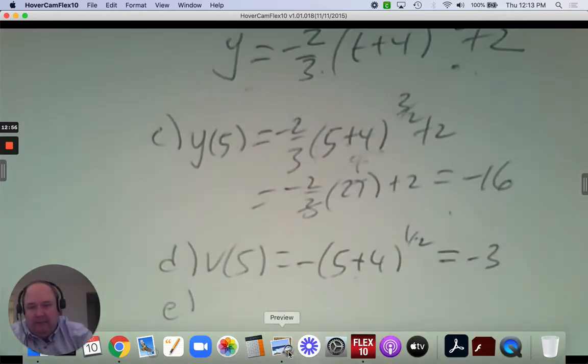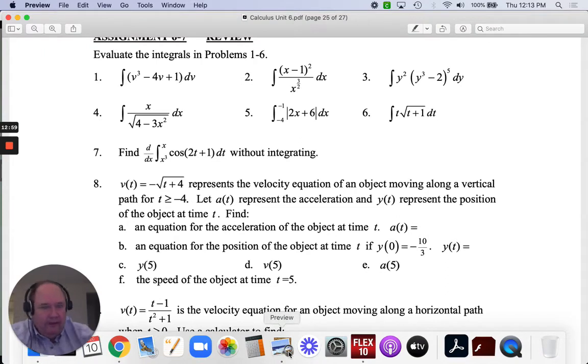Part E says the acceleration at 5. So use the acceleration formula we just came up with in part A. So that's negative 1/2, 5 plus 4 to the negative 1/2. See if we can simplify that.